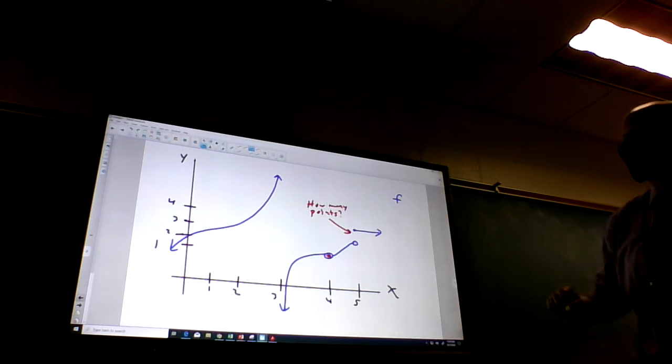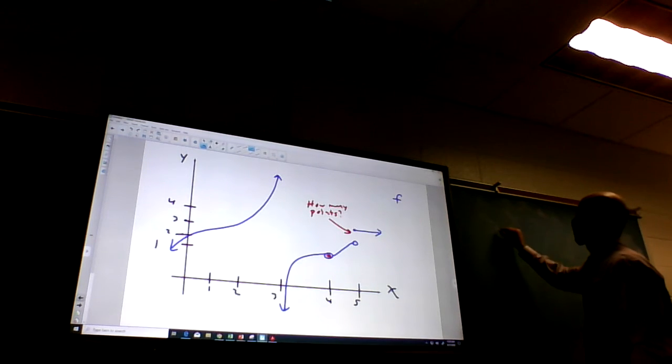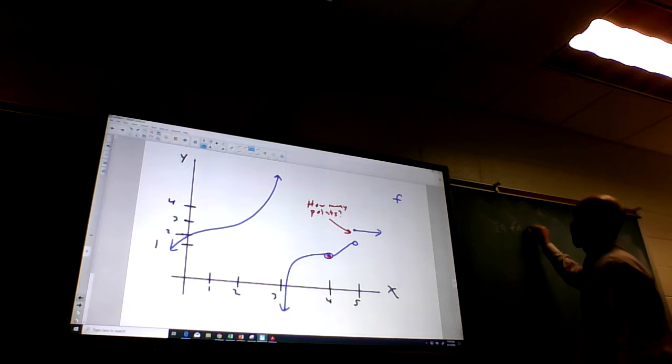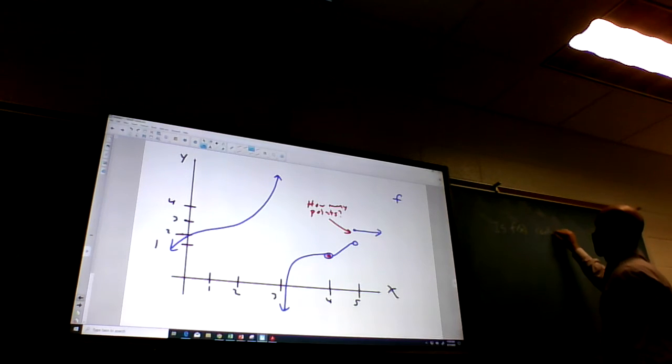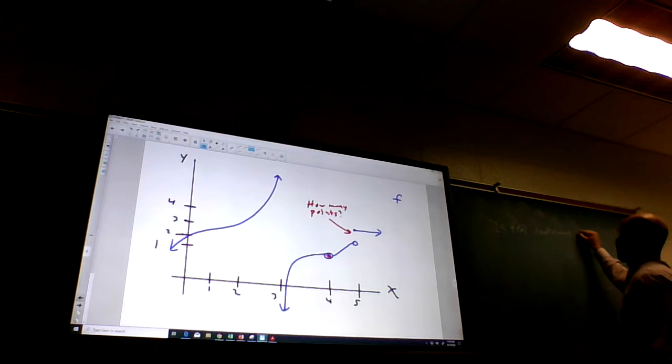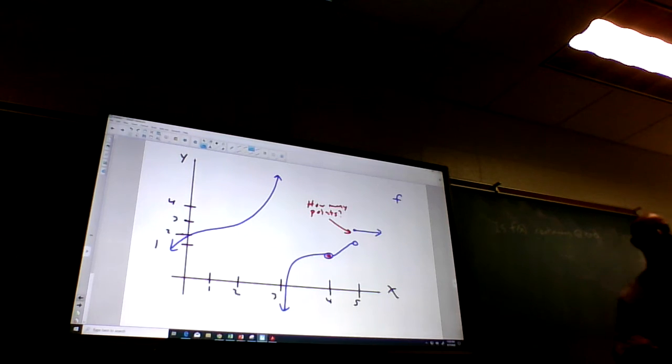So here's what I want to ask. First of all, is the function continuous at x equals 0? Yes. Okay, good. So the answer is yes, I agree.